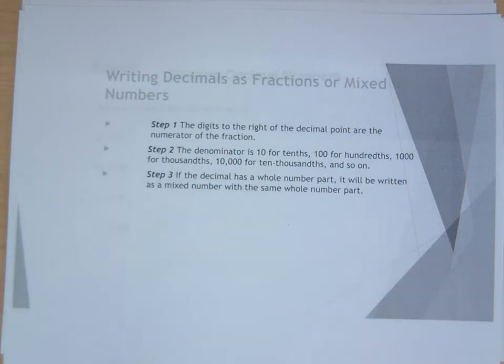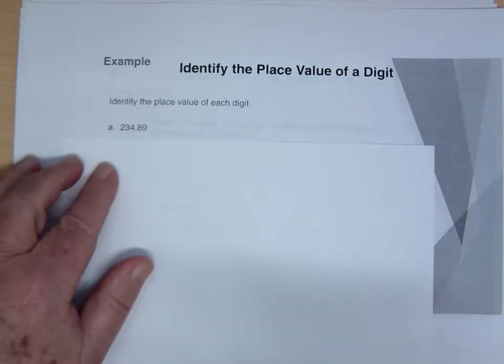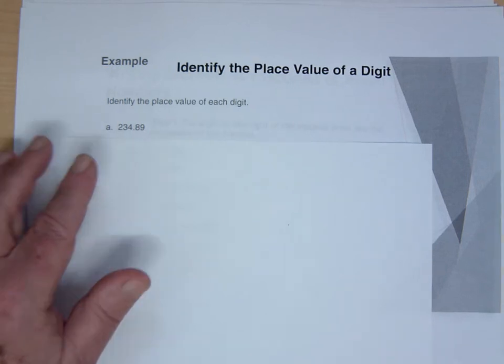Now we can talk about identifying the place value of a digit. So if we were looking at this example, we would say the digit 2 is in the hundreds place, 3 is in the tens, 4 is in the ones, 8 is in the tenths, and 9 is in the hundredths.